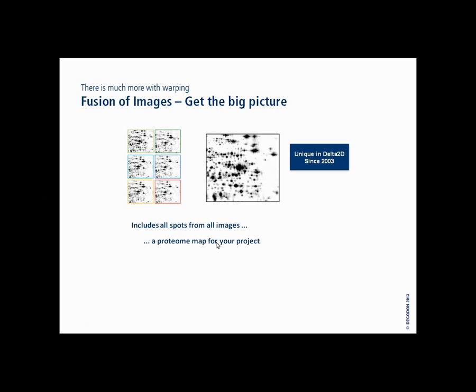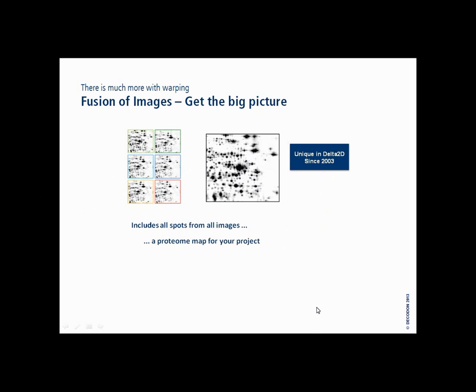So this could also serve as a proteome map for presentations where you show all your proteins in one view and you don't have to point to spots on different images to really explain the proteins that you have found in your experiment.